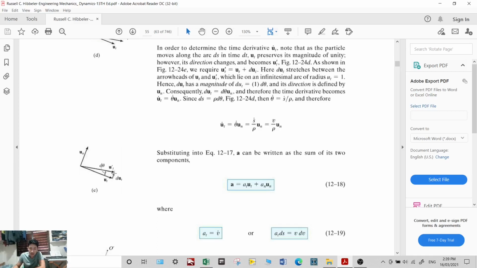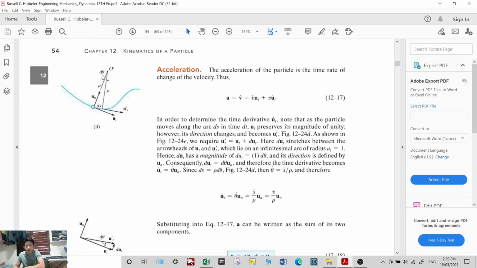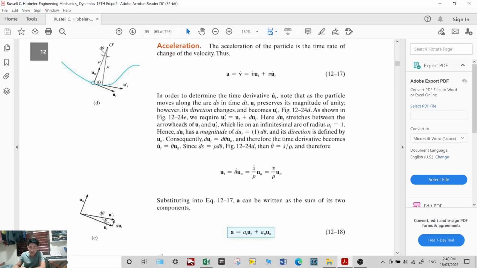What about the direction? The direction is the same as the direction of u sub n, so that is where d theta u sub n comes from. Differentiating it with respect to time, you will get theta dot u sub n. But remember that theta dot comes from ds, where ds is just rho d theta.